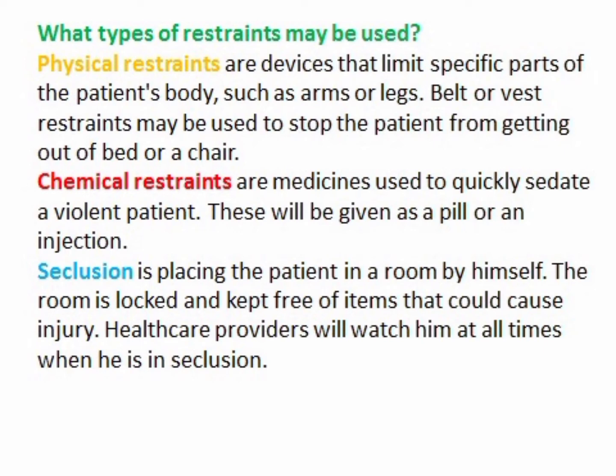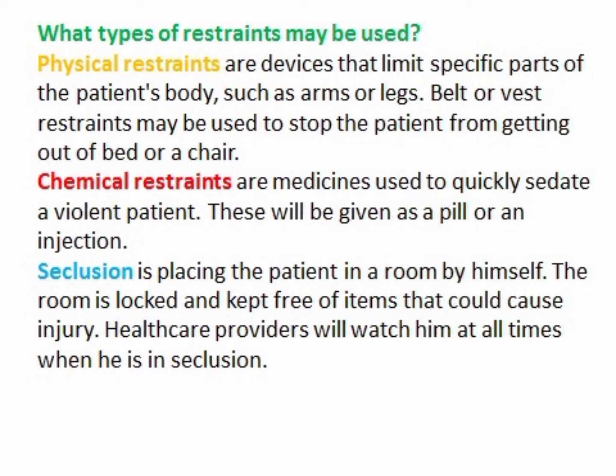Chemical restraints are medications used to quickly sedate a violent patient. These will be given as a pill or an injection. So in chemical restraint, we are using a medication to sedate the patient, in the sense to limit their activity, given orally or by injection.